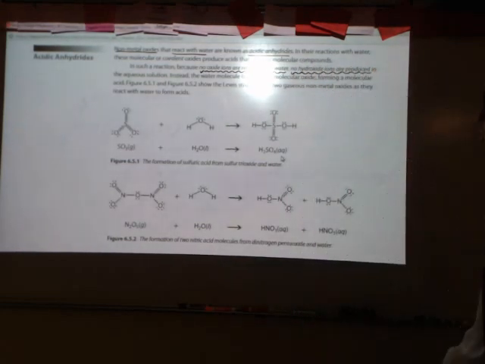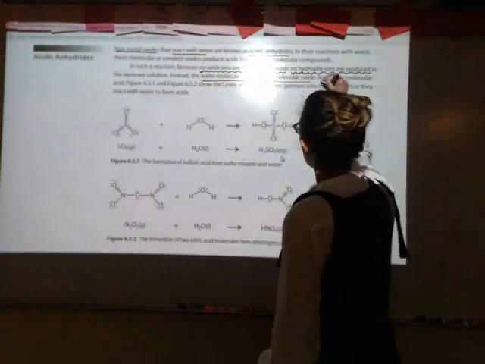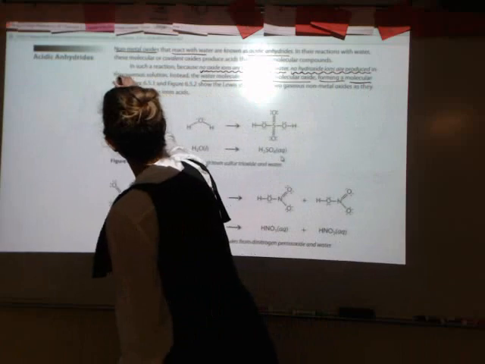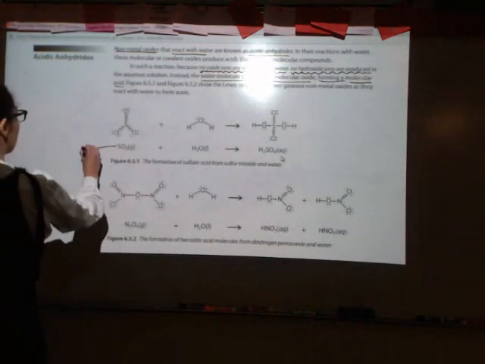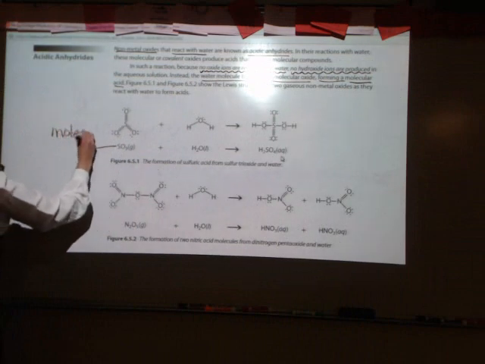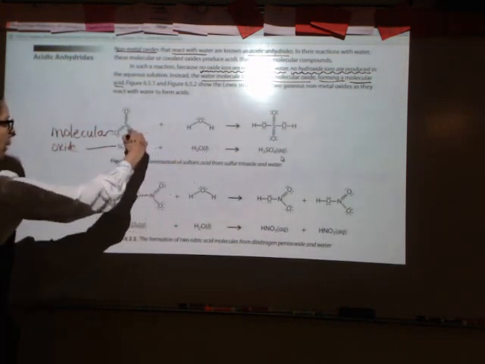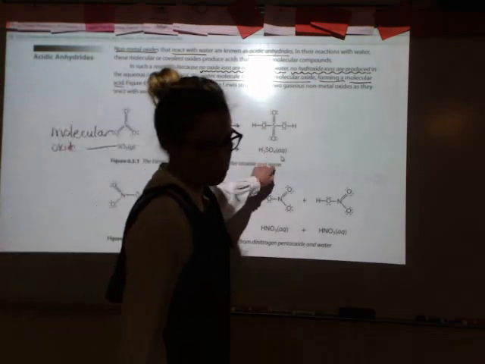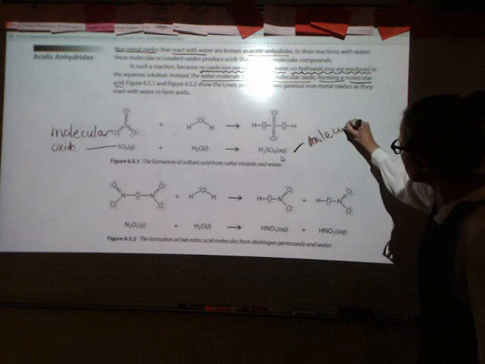The water molecule is actually going to bind to the molecular oxide, and you're going to form a molecular acid. So we can see that happening here. SO3 is my molecular oxide. Water is going to bind to it. I get H2SO4. This is my molecular acid.